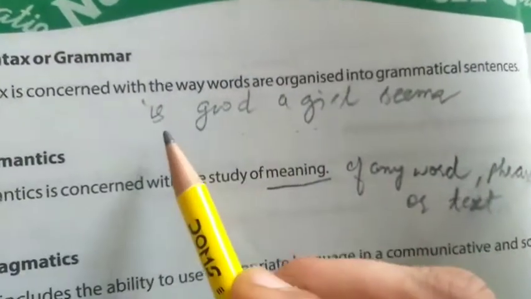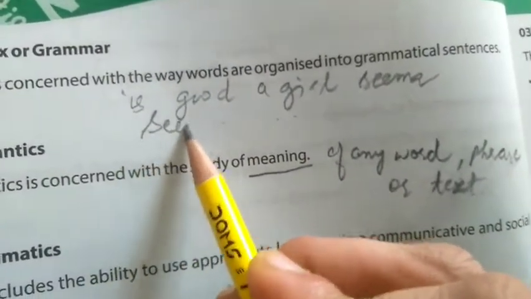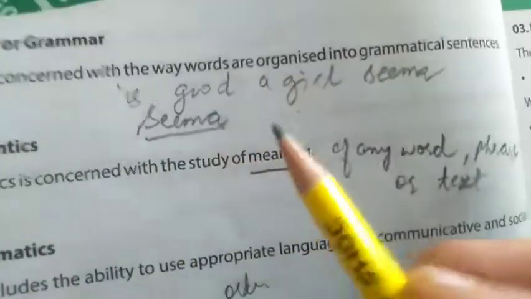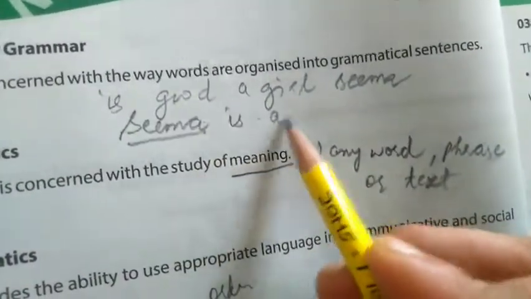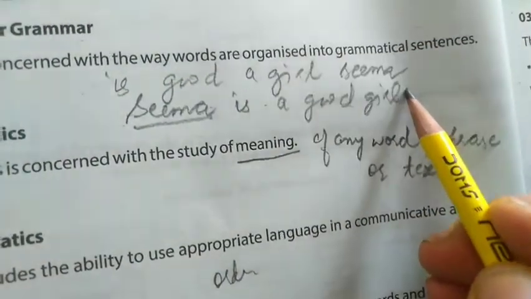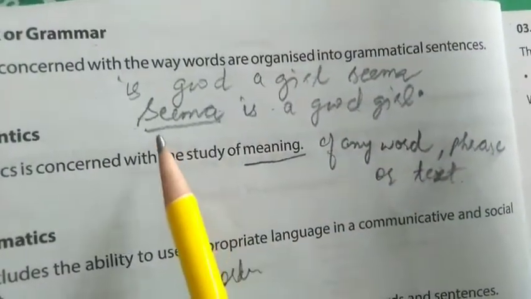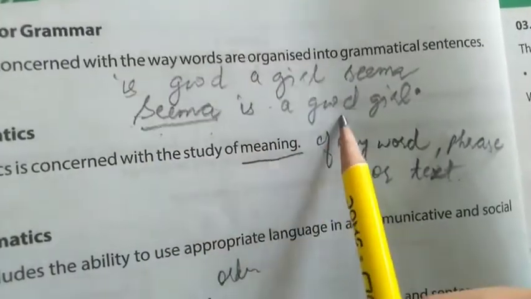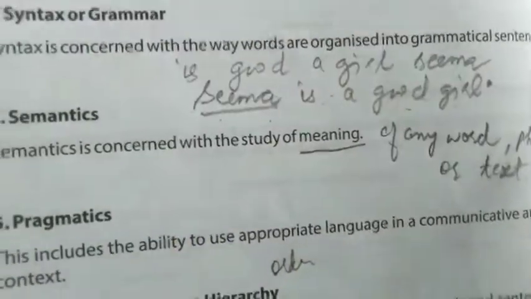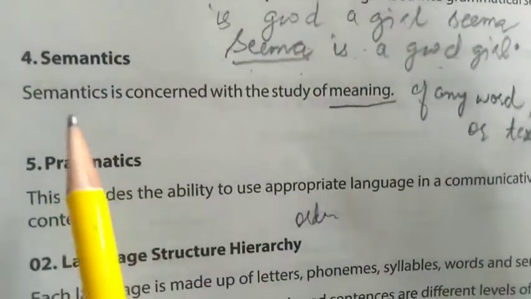So how we can arrange these? So Seema, the person about whom we are talking, that should come in the beginning of the sentence. Seema is a good girl. Okay, and then full stop. So this is the proper order of the words to be arranged in the sentence to give us a meaningful grammatical sentence. Okay, grammatically correct sentence.